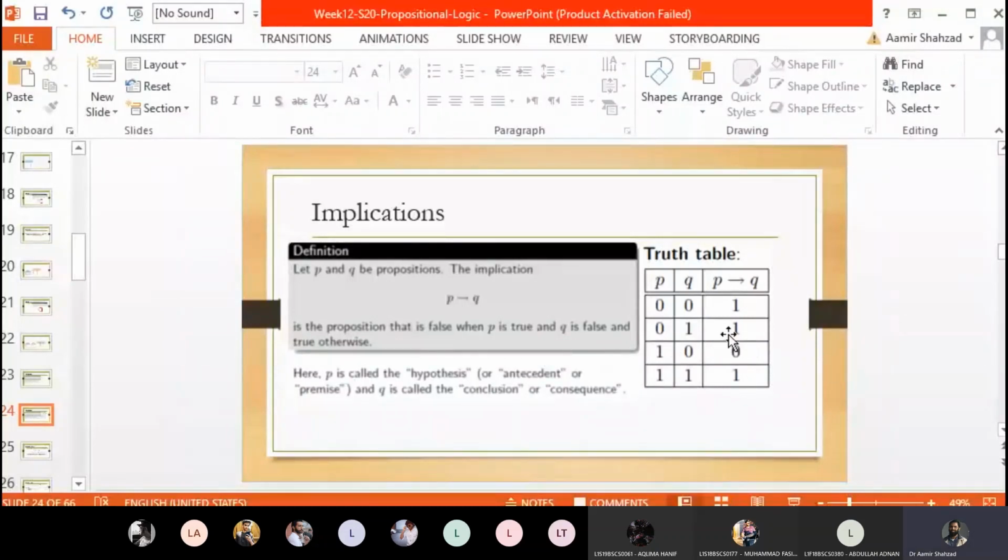So our implication is true. And if you do not meet hypothesis and you do not get the results, our implication is still true. It is only false when you meet the hypothesis and you do not get the conclusion, you do not get the result. Only in that case it is false.